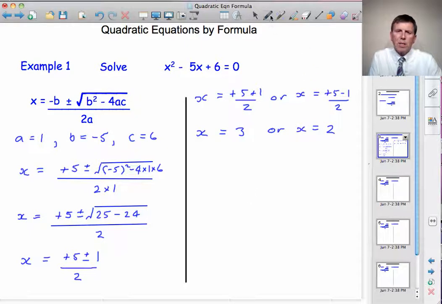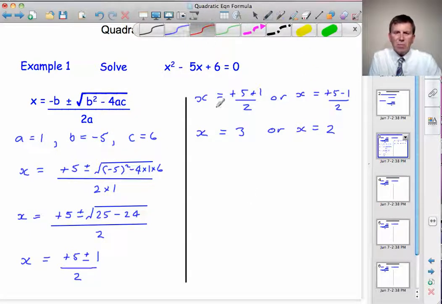Now in reality it would have been easier to solve this particular equation by factorising. I could have factorised the left hand side and got x minus 3 multiplied by x minus 2 is equal to 0. Two numbers that multiply together to give the plus 6 and add together to give the minus 5.